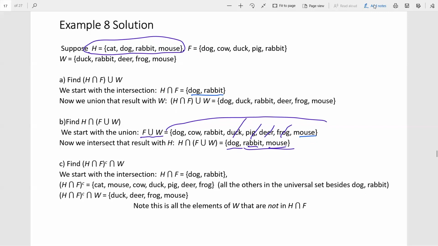Now the last one is to find the complement of the intersection of H and F and then intersect that with W. So let's start with the intersection of H and F, which has common elements dog and rabbit.